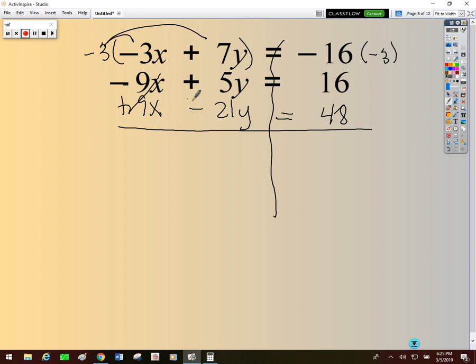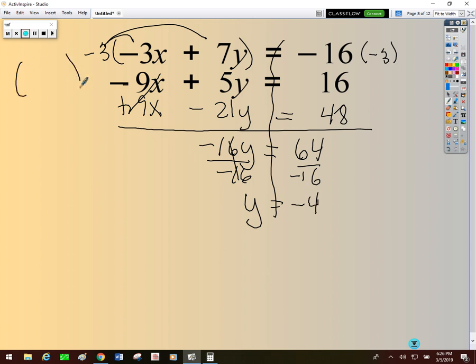The negative x's will cancel, and that leaves me with 0 plus 5y minus 21y, which is negative 16y. And then 16 plus 48 is 64. Divide by negative 16. Be careful here. So y is equal to 64 divided by negative 16, which gives me negative 4.